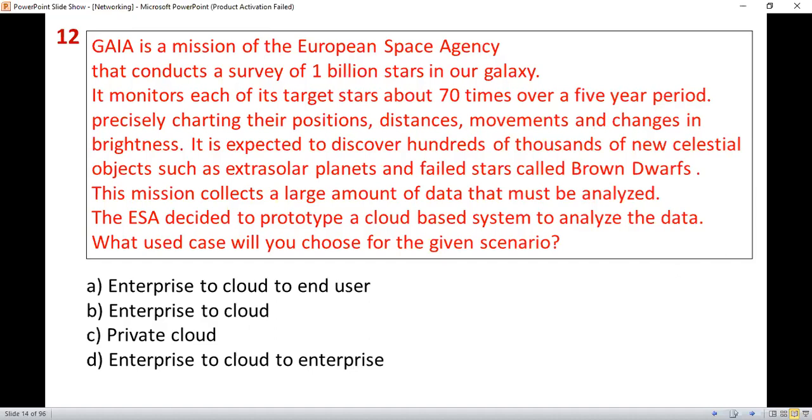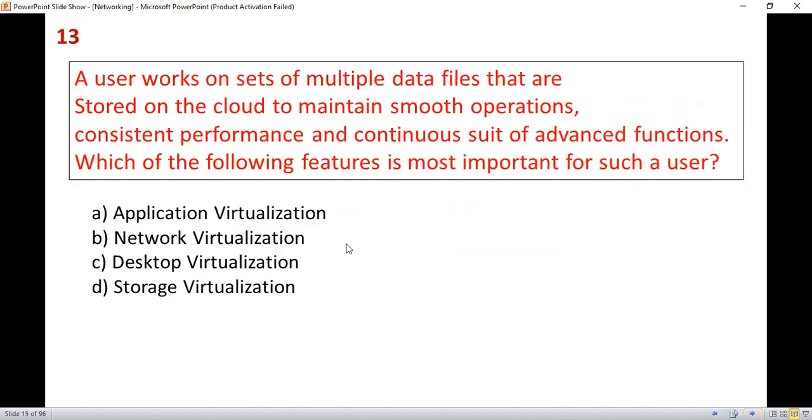Okay, now we can move to the next question. A user works on a set of multiple data files that are stored on the cloud, to maintain smooth operation and consistent performance and continuous use of advanced functions.